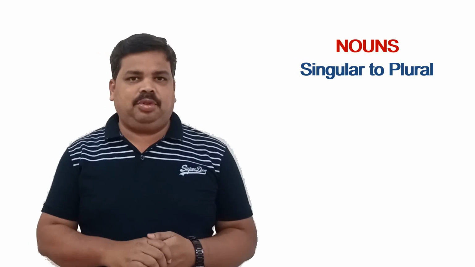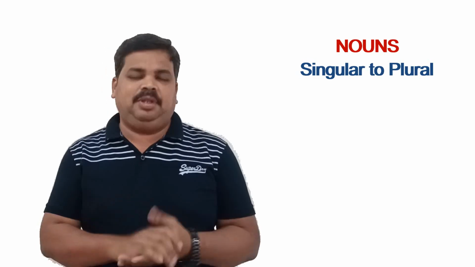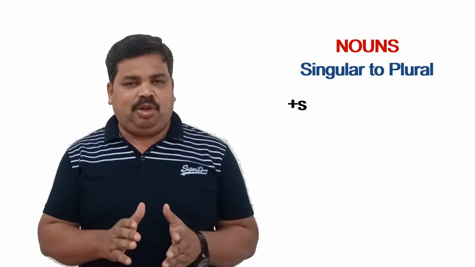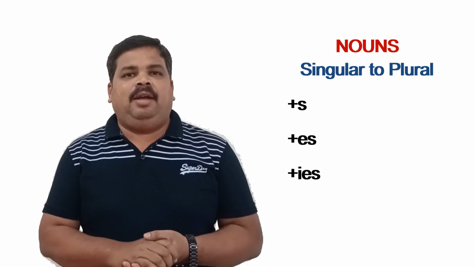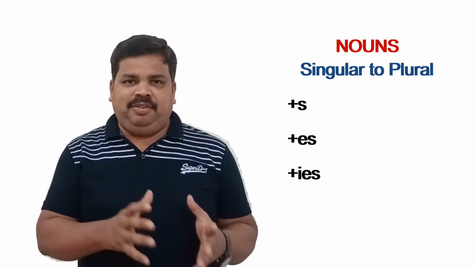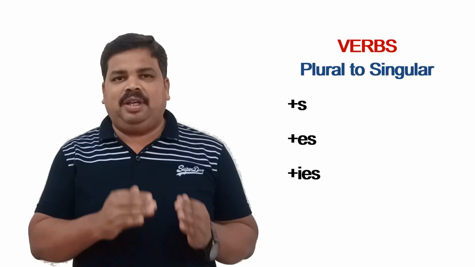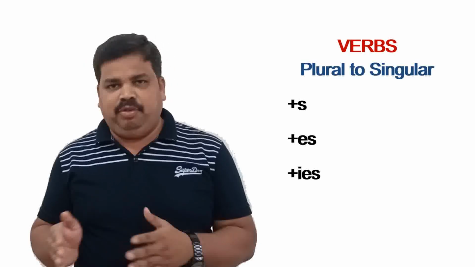If you quickly recall, the singular forms of the nouns can be converted to their plural forms by adding s or es or ies for most of the words. Almost the same rules apply even for verbs when we have to convert a plural verb into a singular verb.